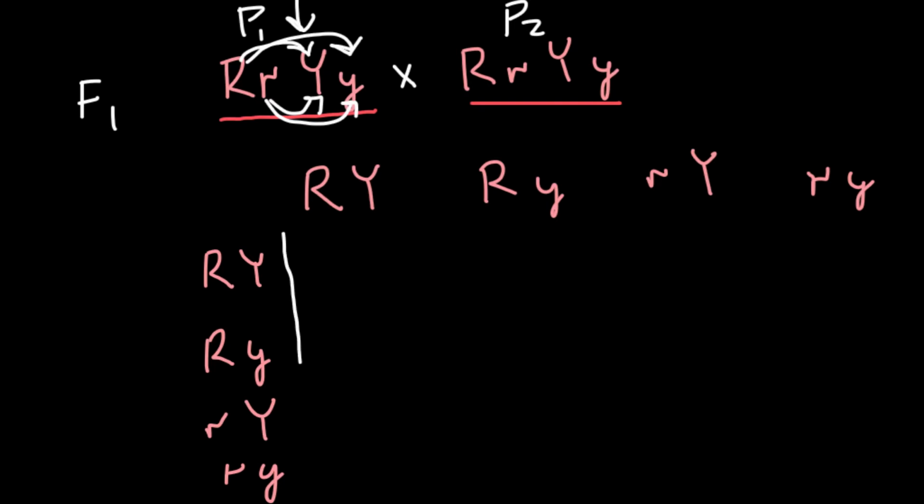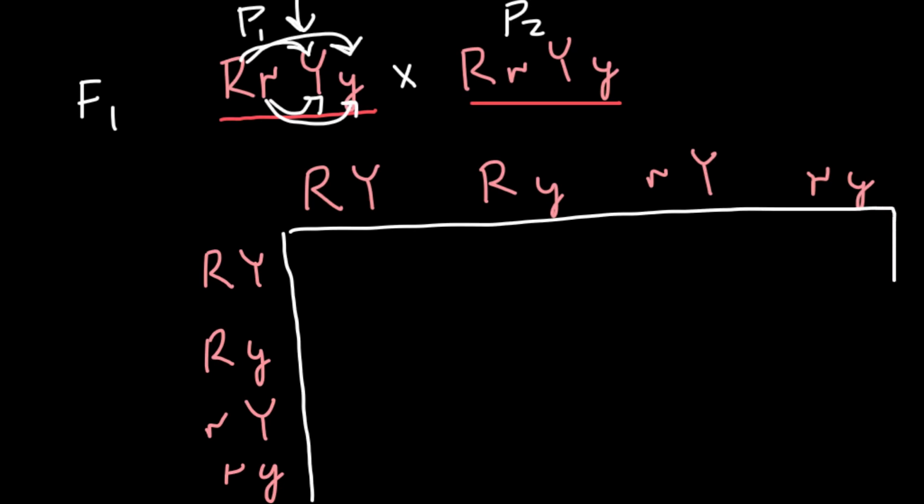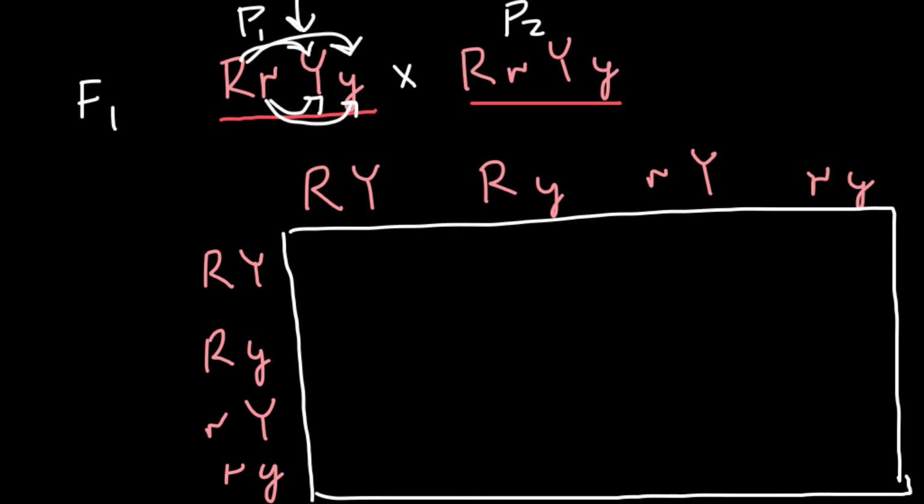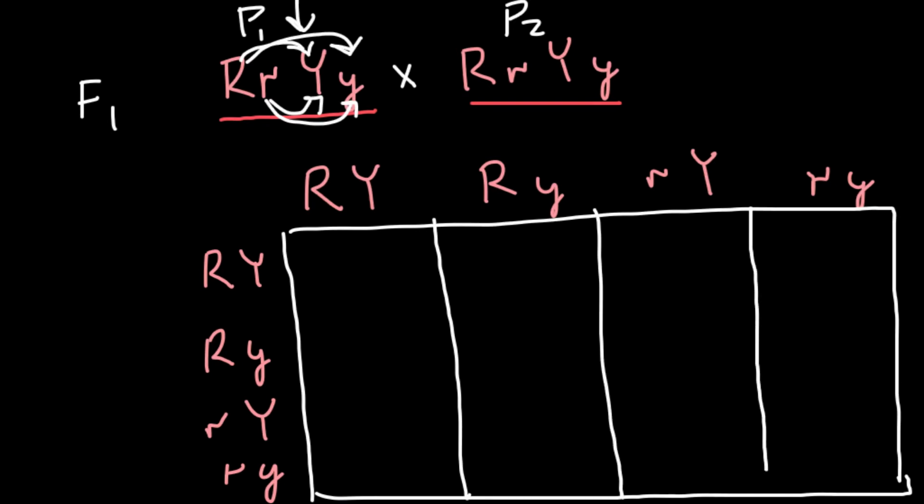Now when we build a simple Punnett square, that is going to be 4 by 4, so a total of 16 cells, and we would be able to find all the probable genotypes and phenotypes.